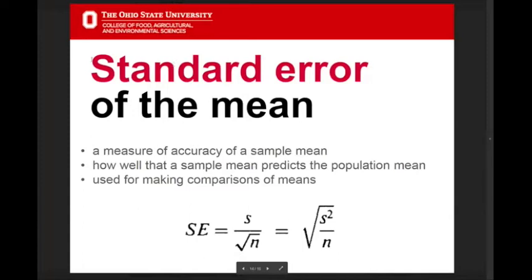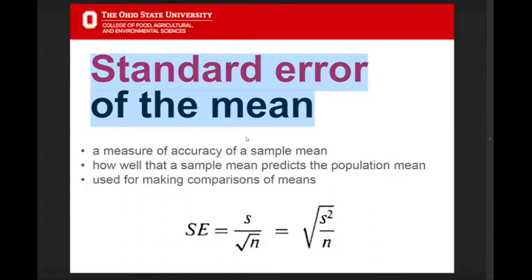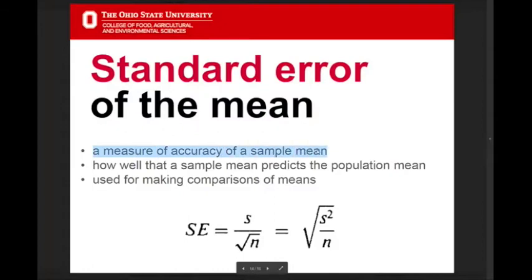Another important measure we use in statistics is the standard error of the mean, and that is the accuracy of a sample mean, or that is to say how well that sample mean predicts the population mean.